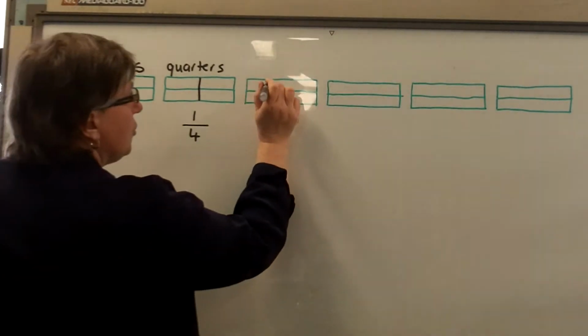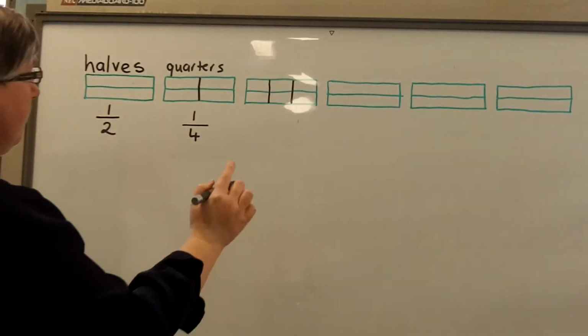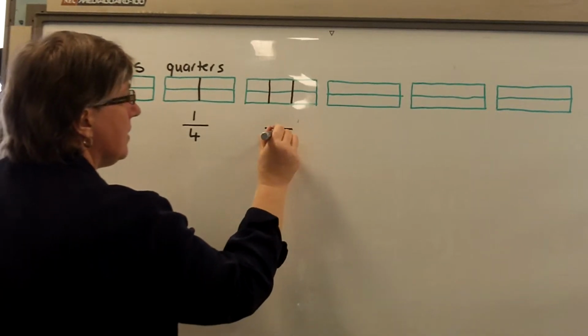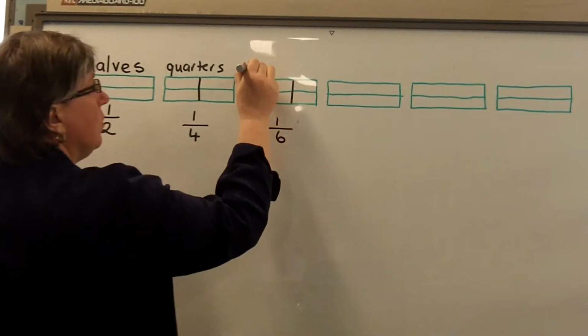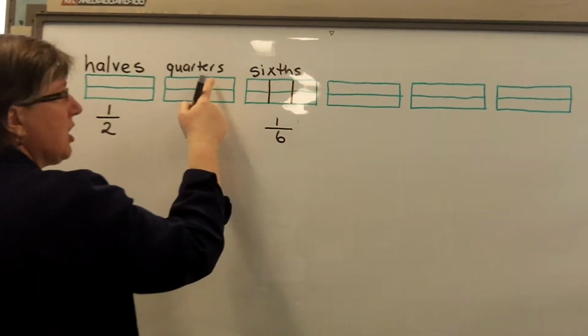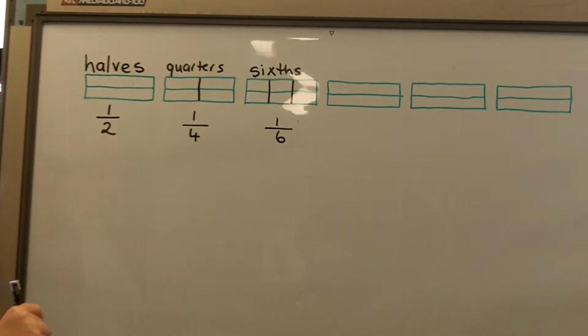If I were to put two lines in, I would now have 2, 4, 6 equal parts, and I would call them sixths. Sixths are smaller than quarters, and sixths are smaller than halves.